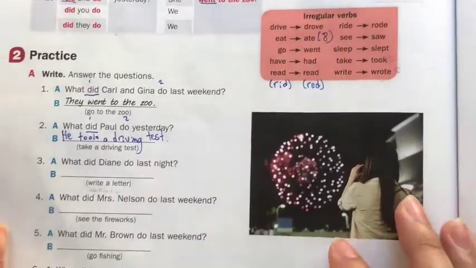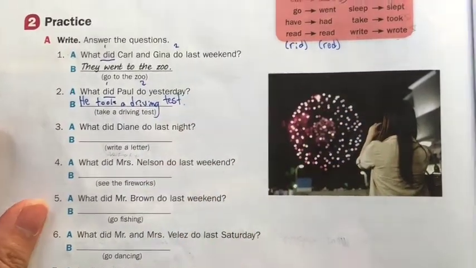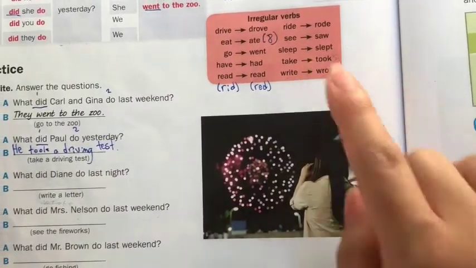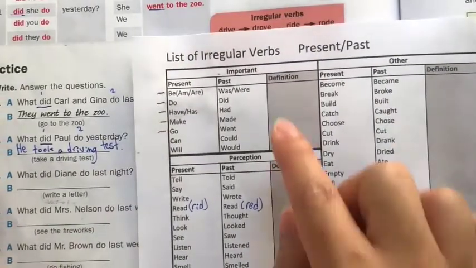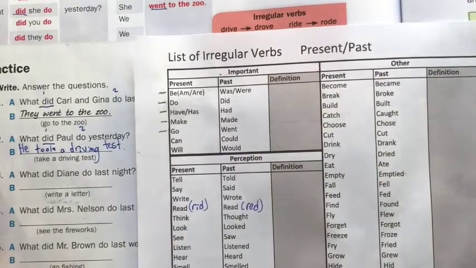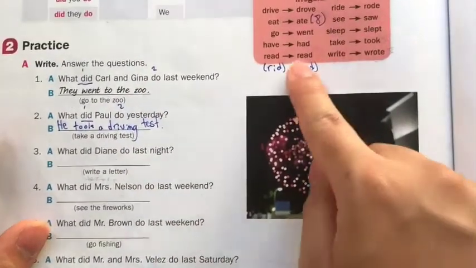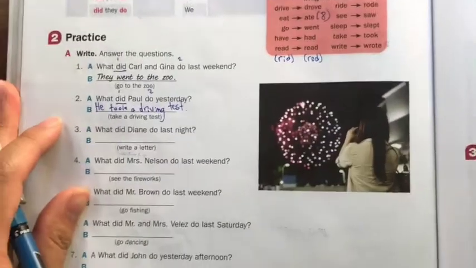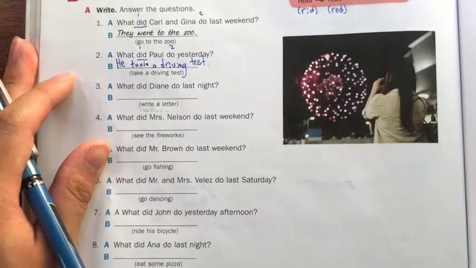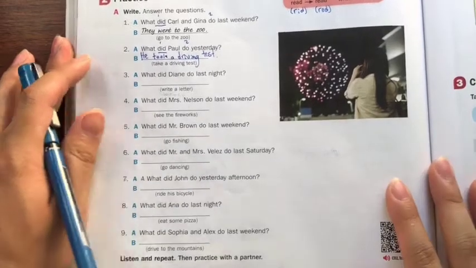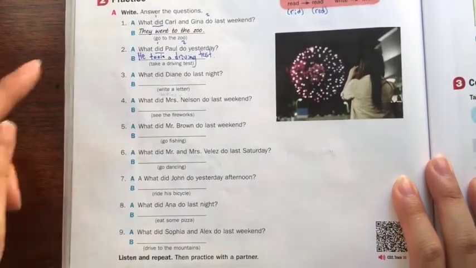All of the irregular verbs you need for these problems are here. Or you can also use the list of irregular verbs. But all of the verbs you need for the questions are right here. So if you do not have the book with you, you can stop the video here and write them.